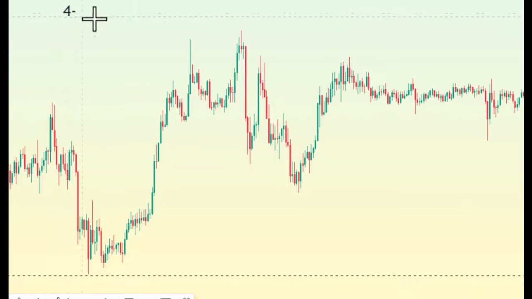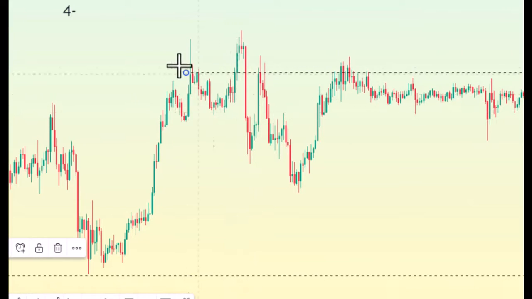For the first type of head and shoulder example, I use Bitcoin on the 50 minutes time frame, and you can see here we have a quasimodo pattern, or first type head and shoulder. After this neckline breakout, where this spike candle breaks this level, we can wait until price retraces to the base or to the left shoulder.